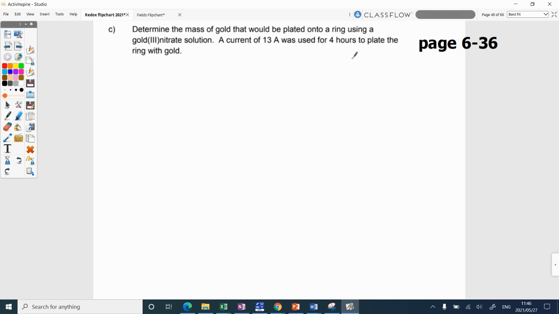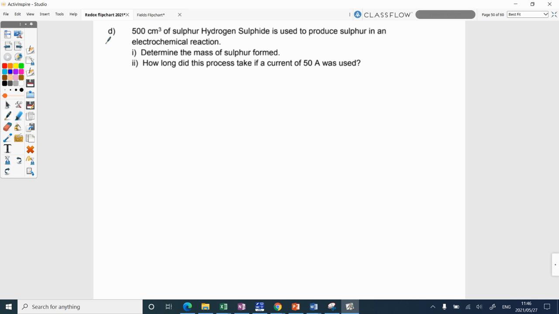Can we skip this one? Okay, you can do it for fun later. This one tells you that we've got 500 cubic centimeters of sulfur hydroxide to produce sulfur. Determine the mass of sulfur formed and how long this process took. So this one's a little bit different, right? Go for it.